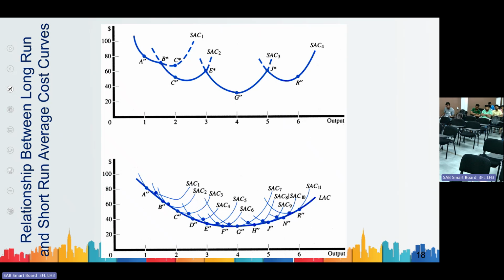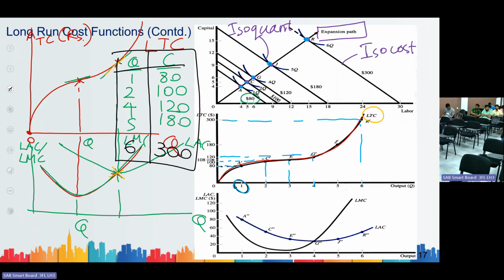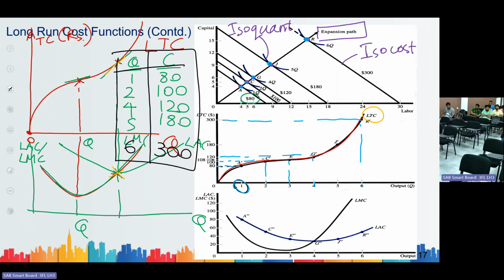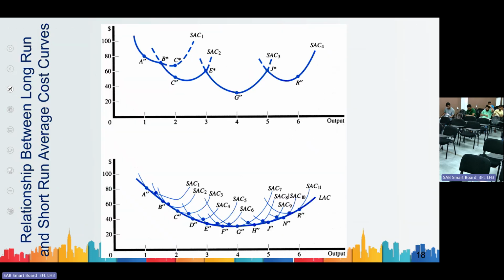And this is about long run average cost. We are going to discuss an additional thing about the long run average cost curve in the next slide. This is it.